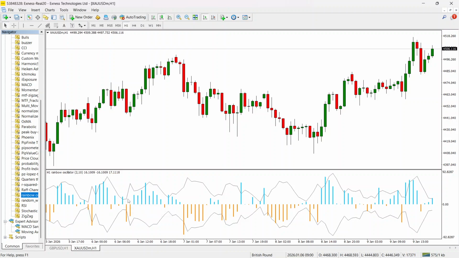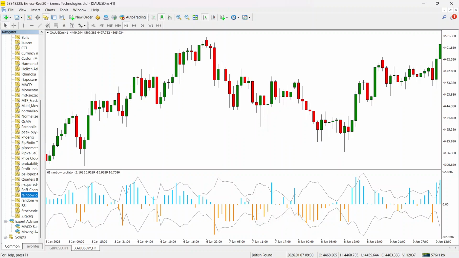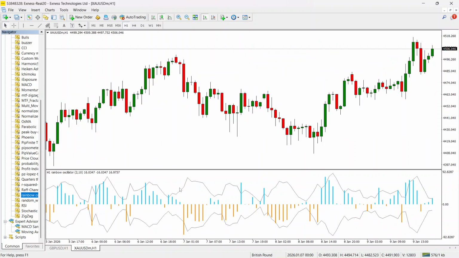When the oscillator falls below zero, with faster averages below slower averages, it indicates bearish momentum, and crossover between the bands can signal potential trend reversals.